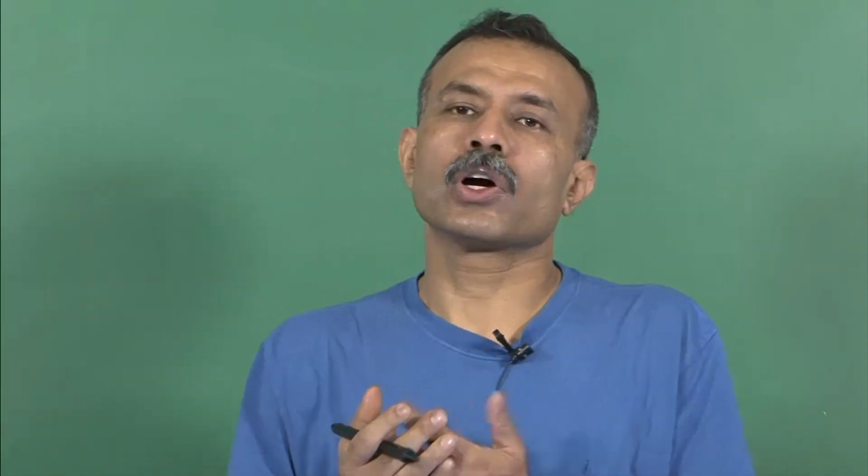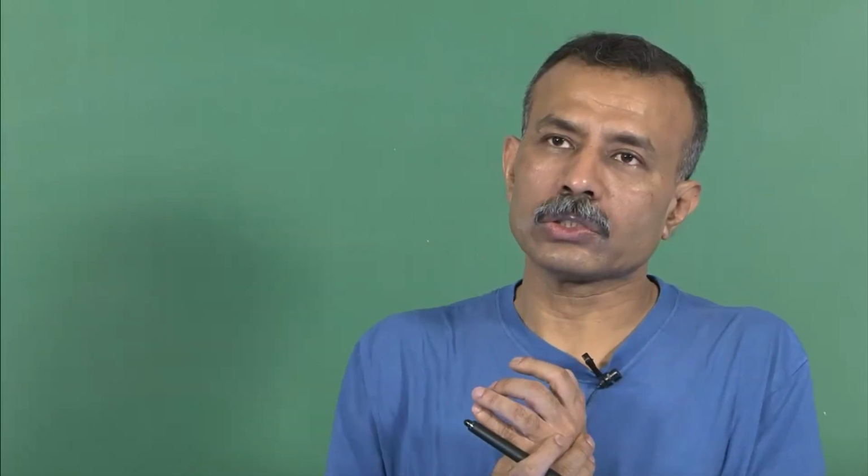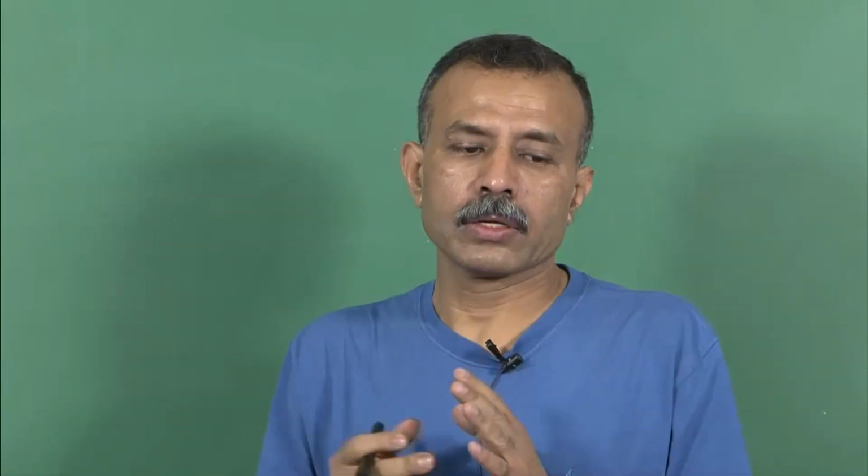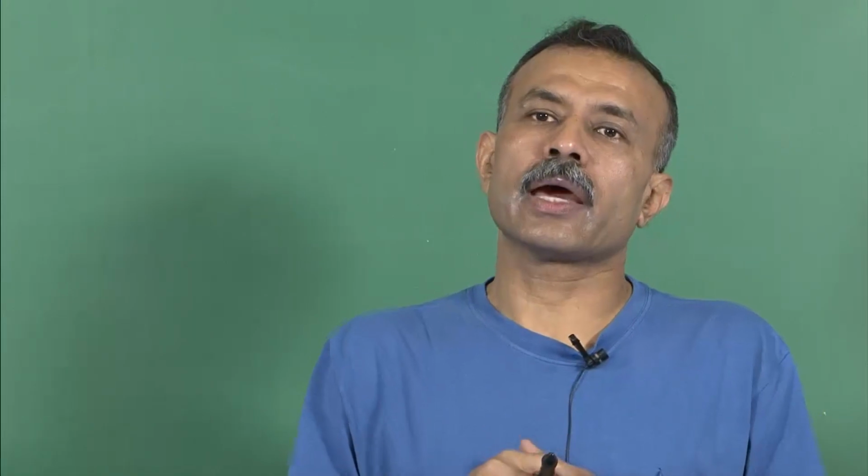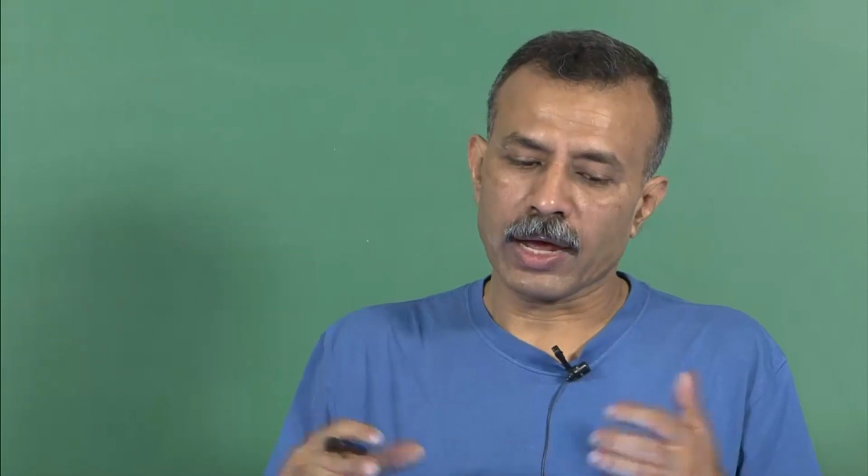So, we will close in here, and in the next class we will talk about the characterization of these different nanomaterials, characterizing them based on their geometry, characterizing their chemical nature, characterizing their specific functional groups which are available, and that way we will be concluding this section.